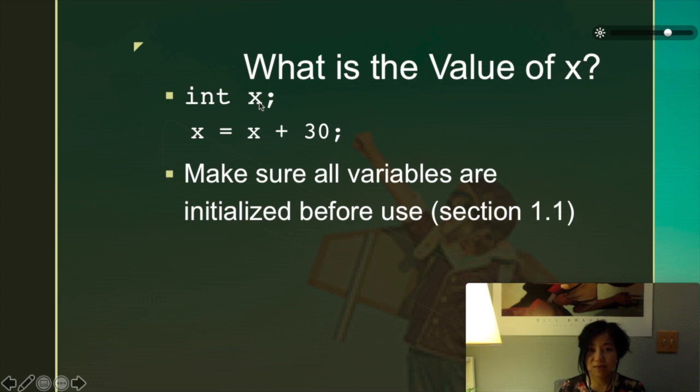When you don't know this, then no matter what calculation you do, you don't know what is going to come out. So the right answer is actually garbage, or better to call it unknown. It's always a good idea to initialize all your variables to a certain value before you start, especially for a beginner programmer like yourself right now.